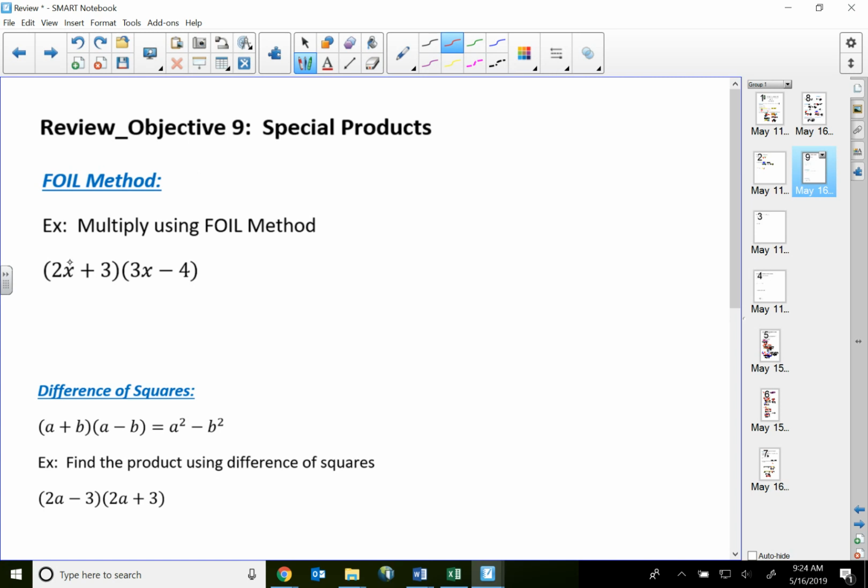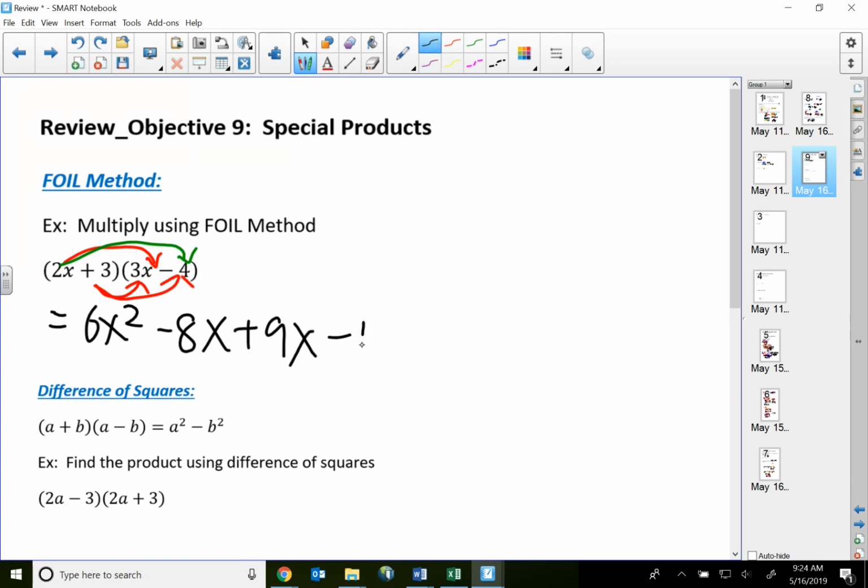The first thing I do is 2x times 3x, which is 6x squared, right? x times x is x squared. Then the outer is 2x times negative 4, which is negative 8x. The inner is positive 3 times 3x, which is positive 9x. And then the last is positive 3 times negative 4, which is negative 12.